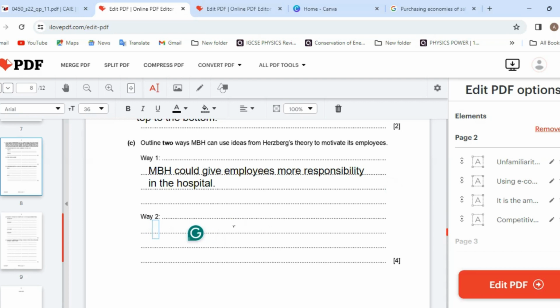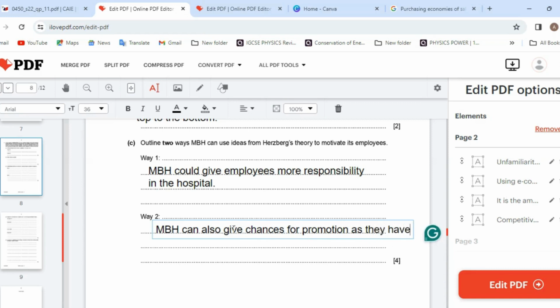Let's say MBH can also give chances for promotion, as they have a tall organizational structure.